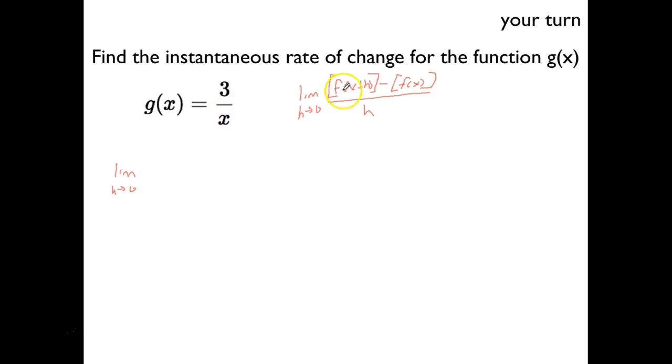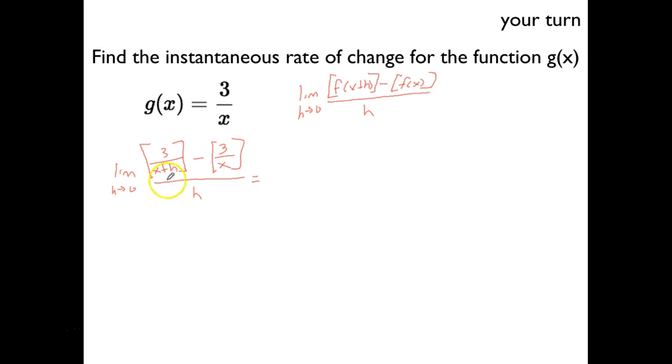I'm going to plug in x plus h wherever there's an x. So 3 over x plus h minus 3 over x. Right? I plugged in x plus h for this one. So this is the first part of that whole thing, and this is the second part. So the first part, the second part, all divided by h.